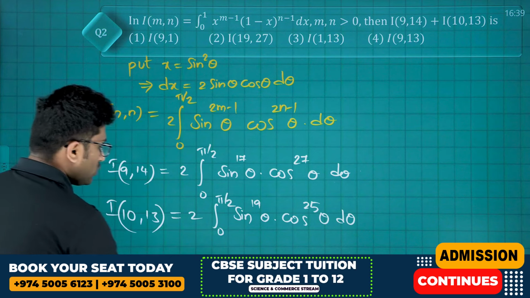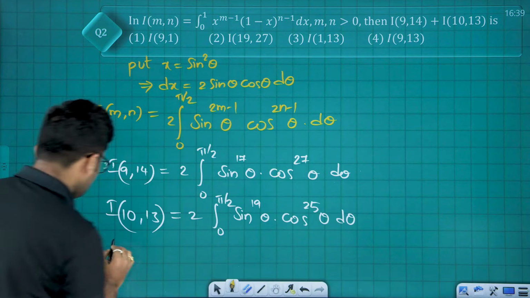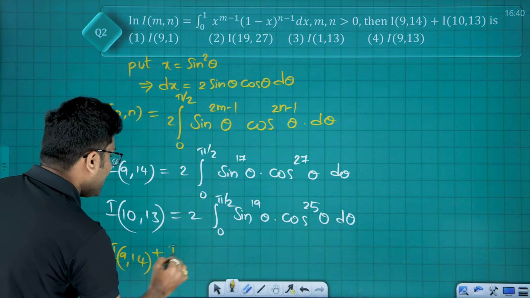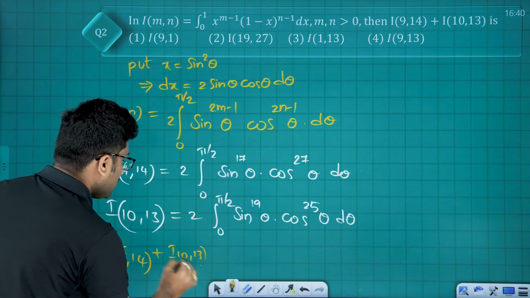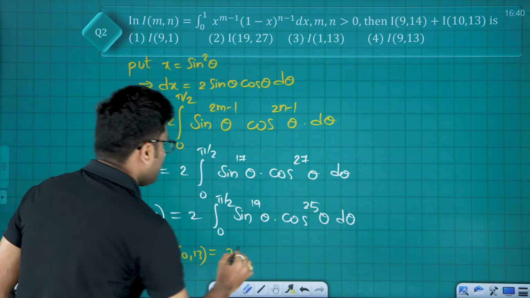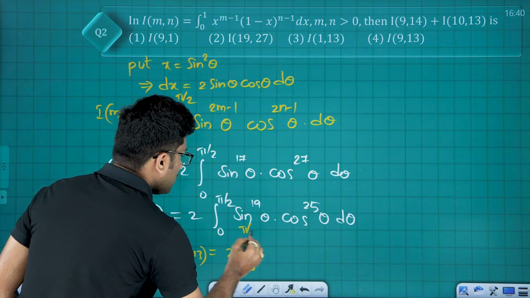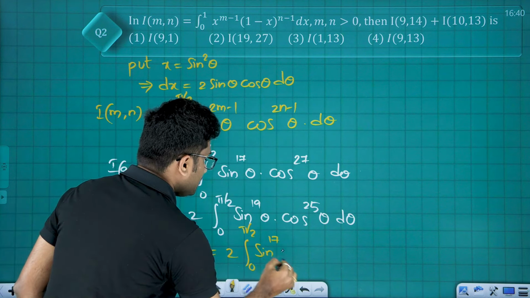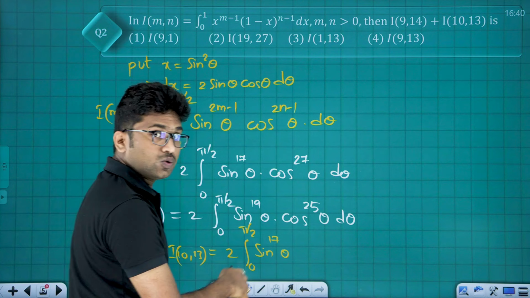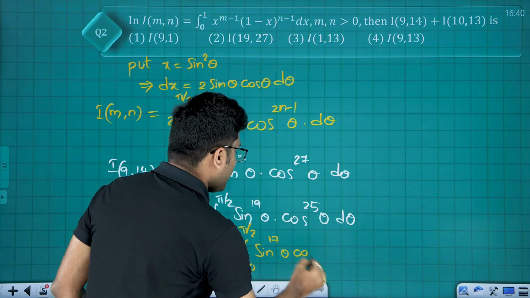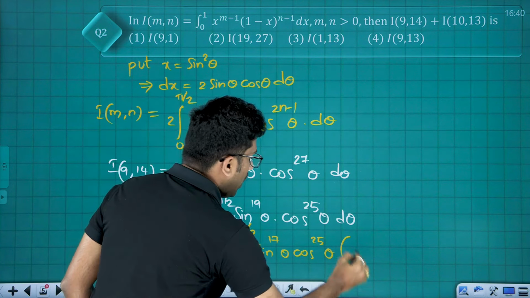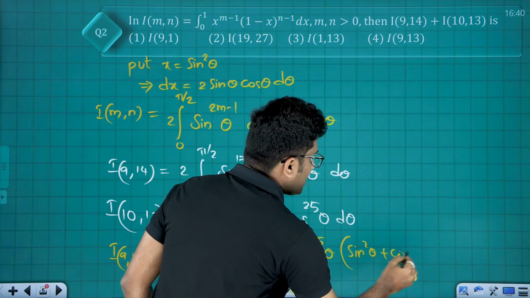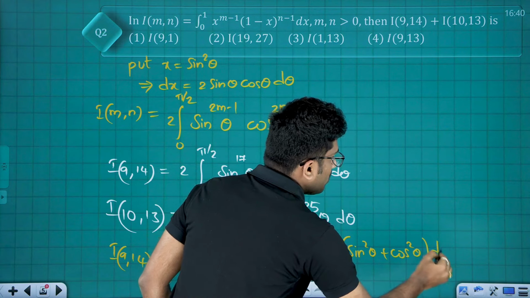Now if I add these two friends, I of 9 comma 14 plus I of 10 comma 13 is equal to 2 times 0 to pi by 2. From these two I can take sine power 17 theta common. From these two I can take cos power 25 theta common. Here it will be left with sine square theta plus cos square theta, which is nothing but 1 friends.